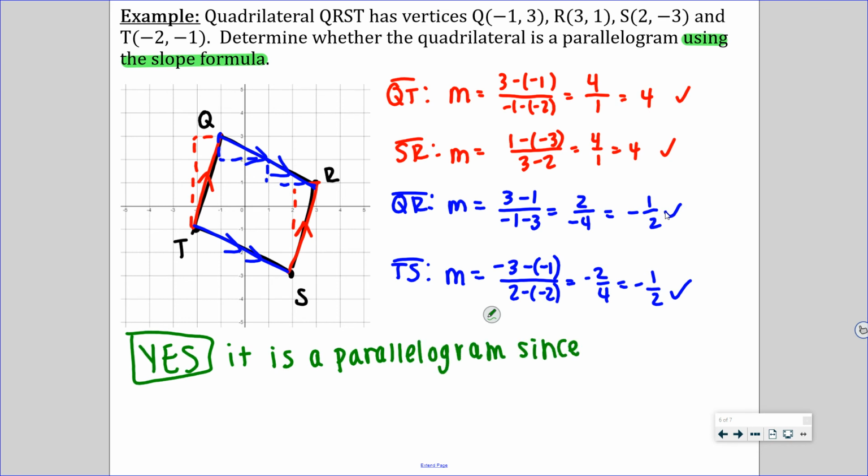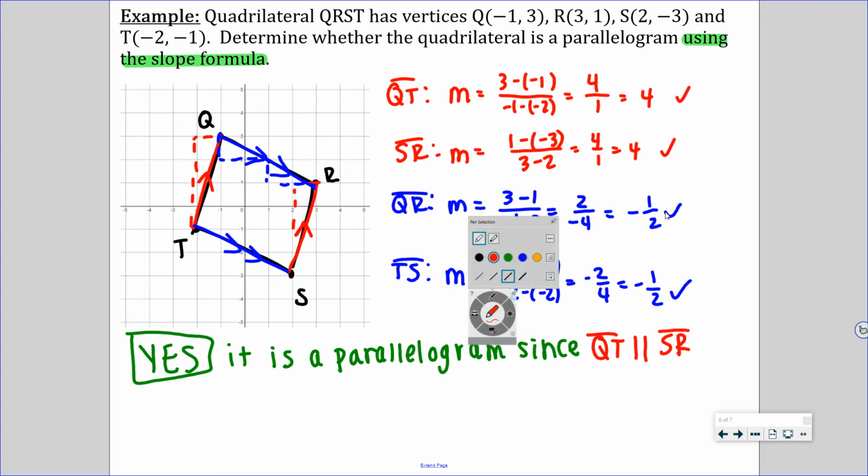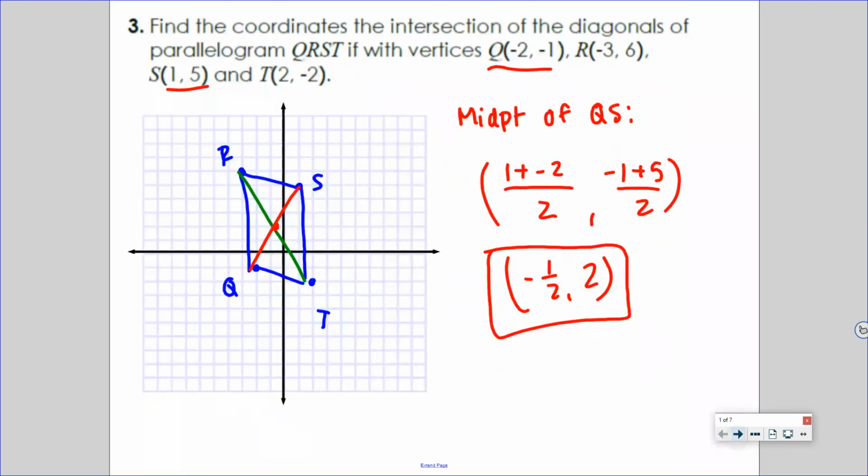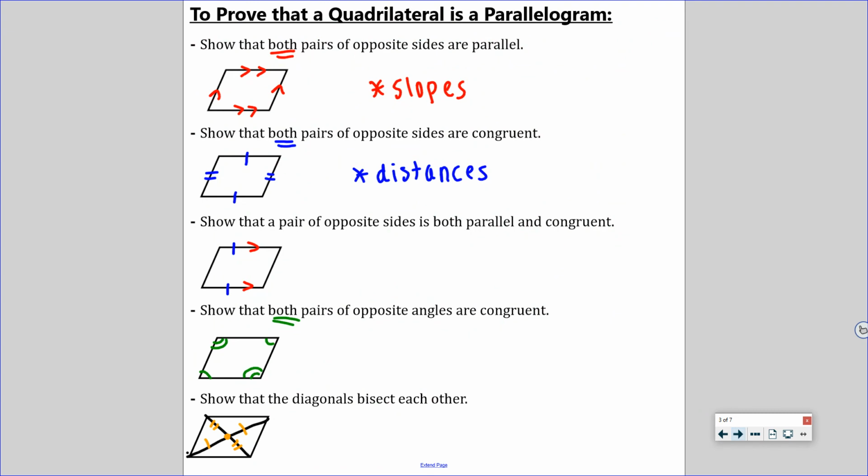Since QT is parallel to SR and you can show both sides, QR is parallel to TS. All right, so they ask you to use slopes, and we made this note back here. If they ask you to use slopes, they want you to show that both sides are parallel.